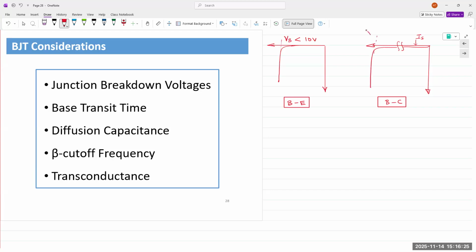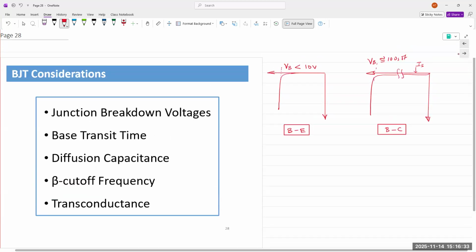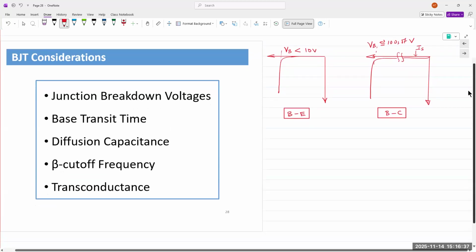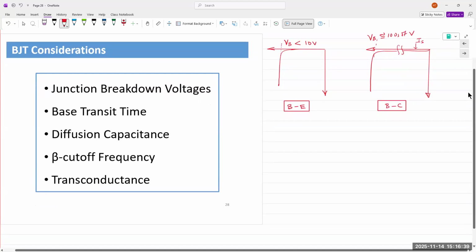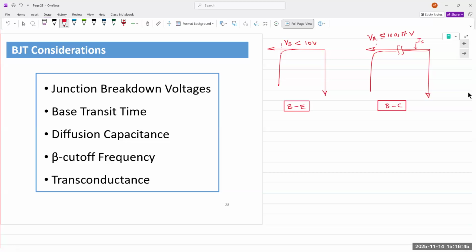And this VB is typically hundreds of volts. And that is what allowed us to actually perform that small procedure to determine the terminals. Does that make sense to everyone?